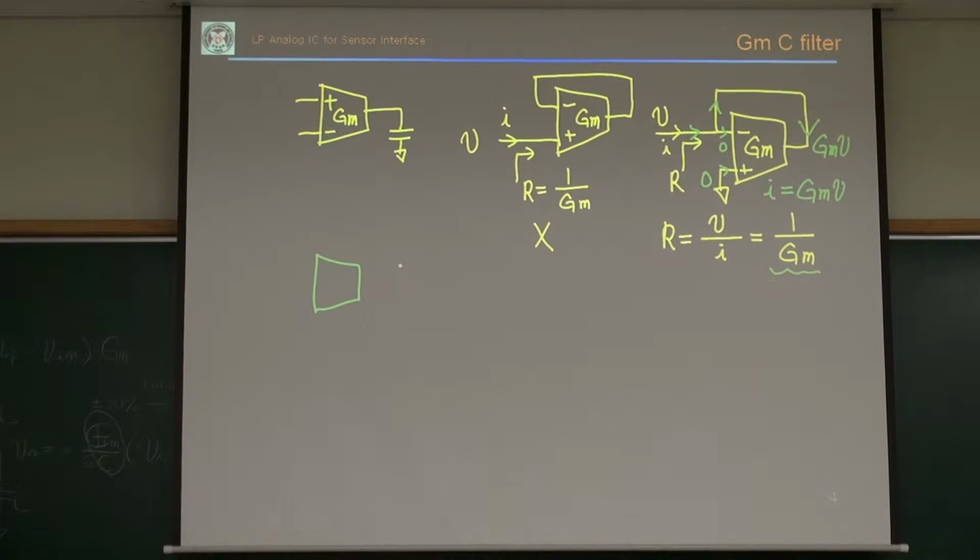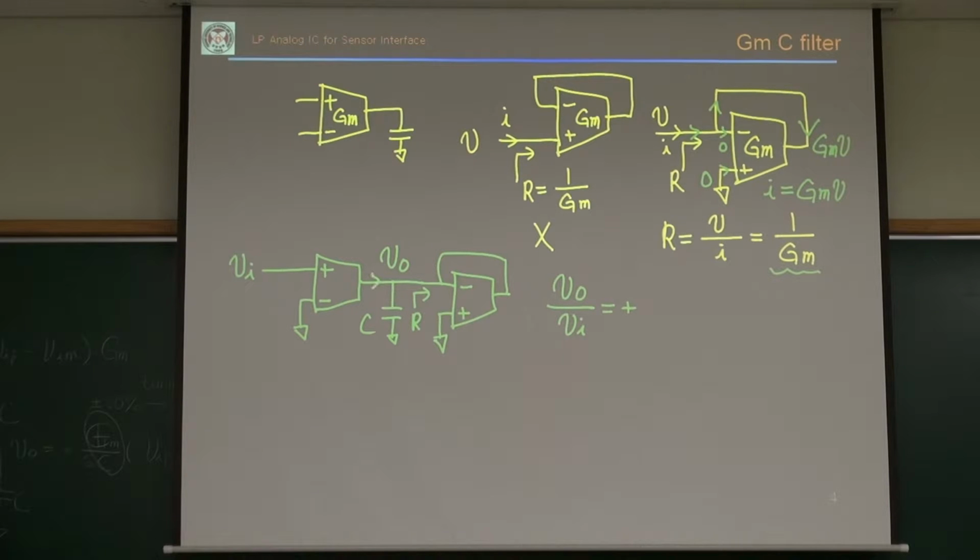Say, for example, I have a capacitor here, and then I connect my resistance here. What is this thing? This one is a resistor, right? 1 over GM. So my VO over VI is a low pass filter, right?